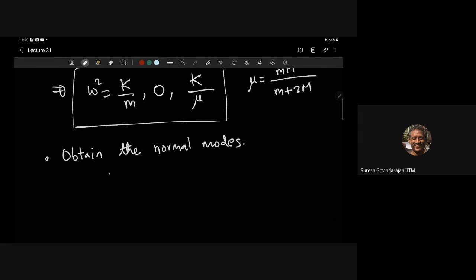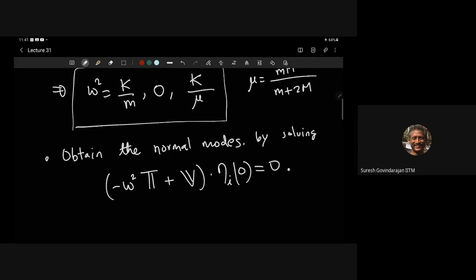You go ahead and you do this, right? Minus omega square times the T matrix plus B matrix acting on eta I0 should be 0. We need to solve this.